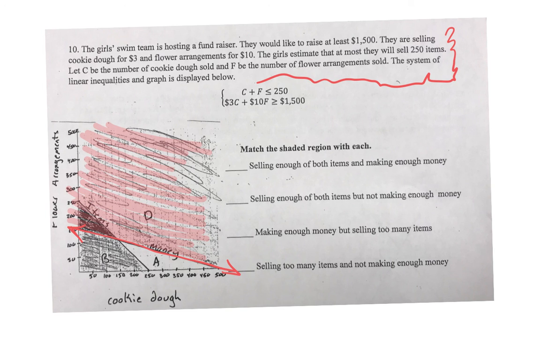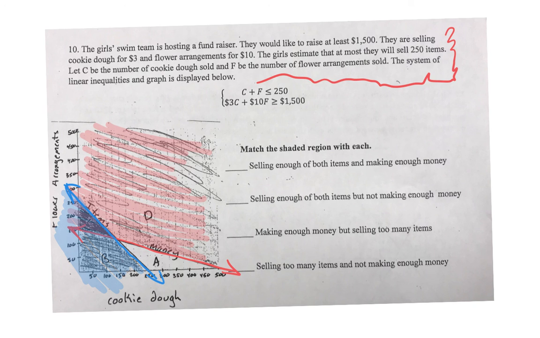I have another inequality that represents the amount of items sold. But we want to sell under a certain amount of items, so I need to shade underneath that to represent selling less than that. Now your graph is already shaded for you, but I just wanted you to understand what it meant. The red area represents making more than enough money.